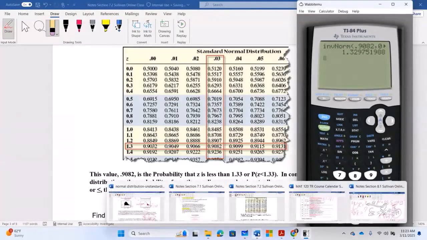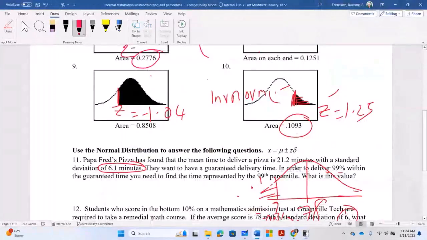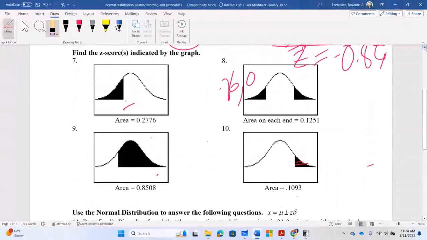Okay. Let's get another example. So let's use this worksheet that we put in some time ago. Let's use it again. Anytime I am given area inside the normal curve, and I'm told to find the Z value, for example, if I'm given area to the left, like in number 7, what I'm going to do is inverse norm, because they already gave me the area.